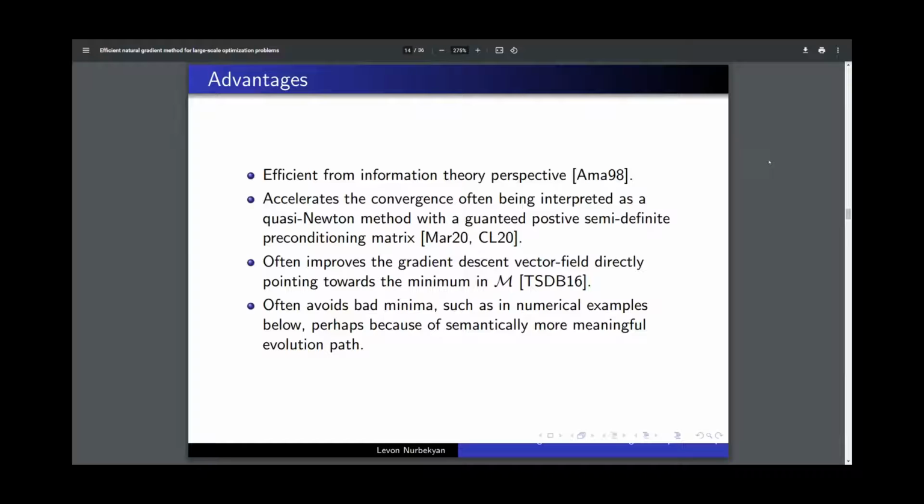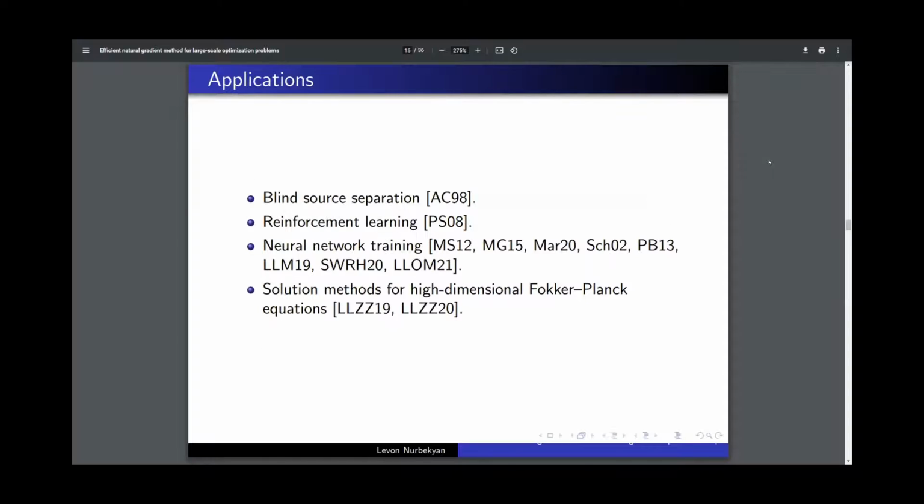And often, and I'll show you some experiments, it avoids bad minima, but this is not understood well, as to when it happens. In some cases one can avoid bad local minima, perhaps because there is a semantically more meaningful evolution path if you have some kind of natural manifold. But again, this is a subject of research and a quite interesting and challenging problem.